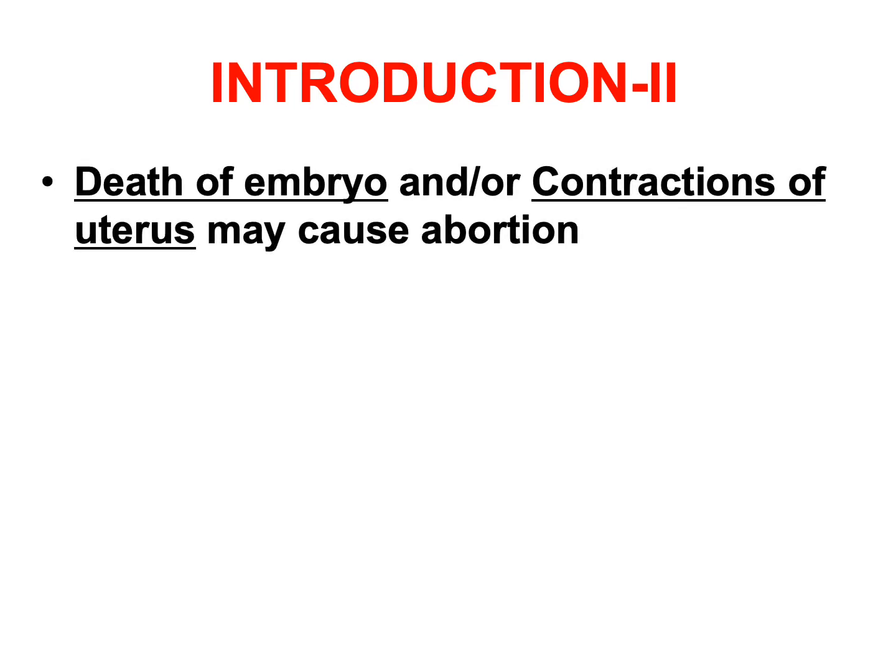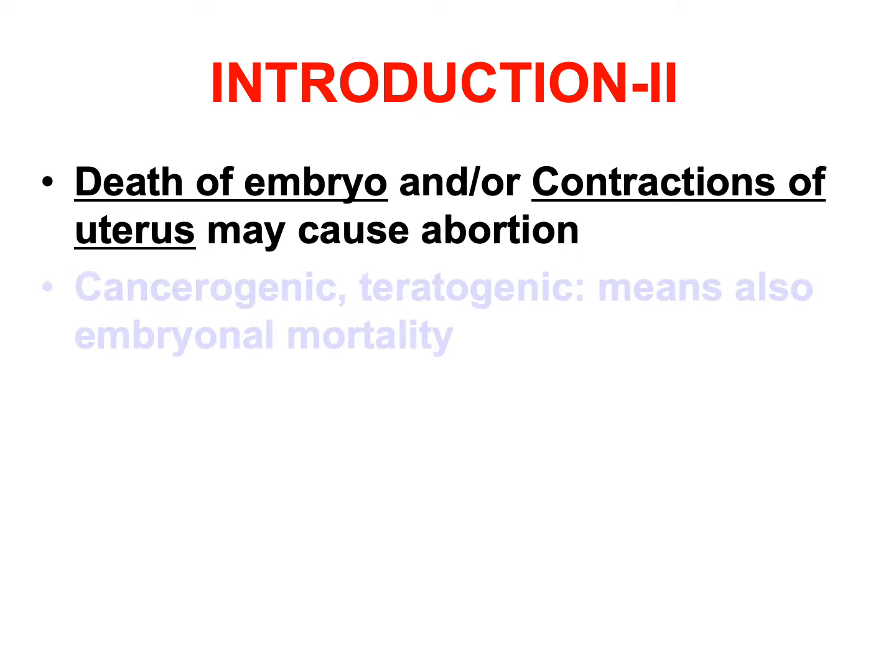In the frame of the introduction, we have to speak about the causes of the abortions. Basically, each factor causing death of embryo and or contractions of uterus may cause abortion. In this way, all the teratogenic chemicals can be considered as cause of the abortion because they may kill the embryo and after provoking uterus contractions.